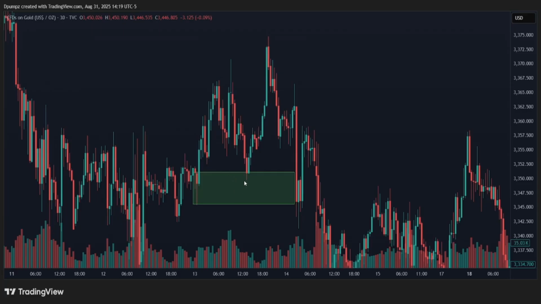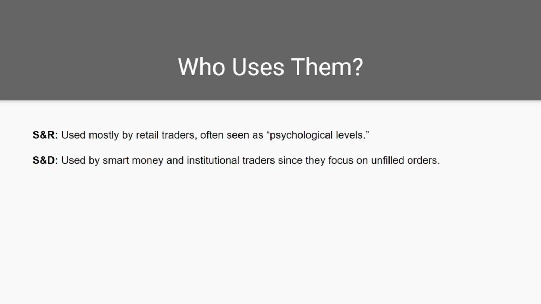So once we filled it, once their orders got filled, the market went higher. It even broke this high. We want to get in right here because look, man, it's clear as day. It's an unfilled area where orders are sitting, and it's just a clear picture in my book. That's why I love supply and demand. It's my bread and butter.